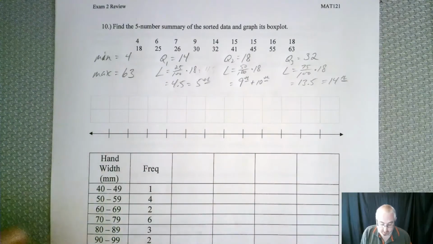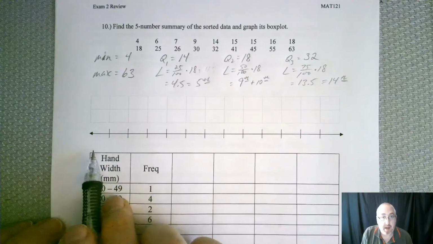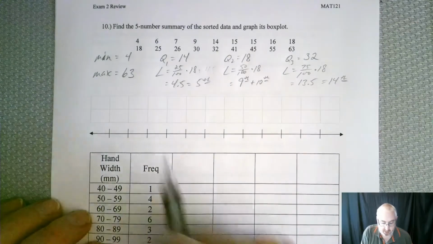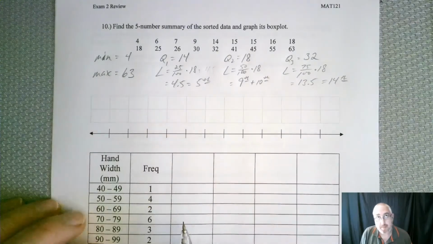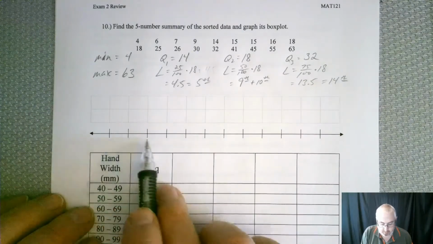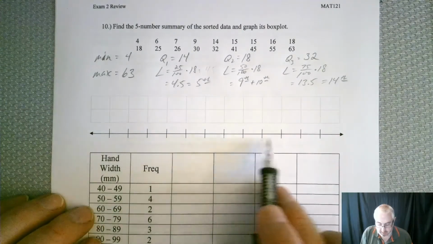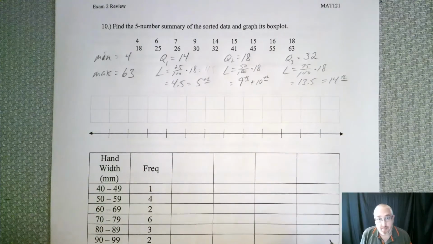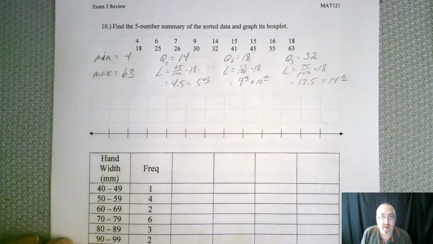So first thing we got to do is get a good scale across the bottom that encompasses all of our 5-number summary. So we got to go from 4 to 63. So 1, 2, 3, 4, 5, 6, 7, 8, 9, 10, 11, 12. So we got 12 dashes. 12 goes into 63, 60-ish, 5 times.